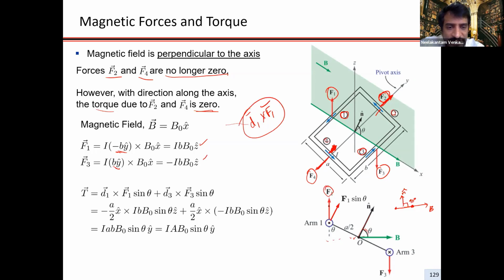My F1 is acting in this direction and this is my D1. D1 cross F1 is the same as D1 times F1 sine theta, which is the 90 degree component, the projection of F1 that makes 90 degrees with this D1 vector. It is all that matters.